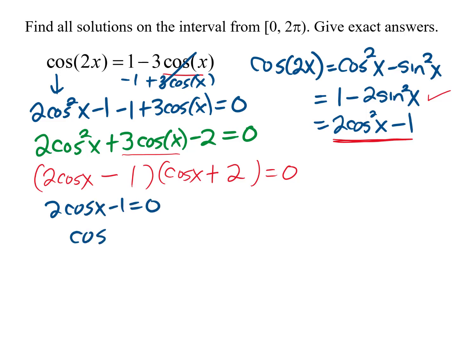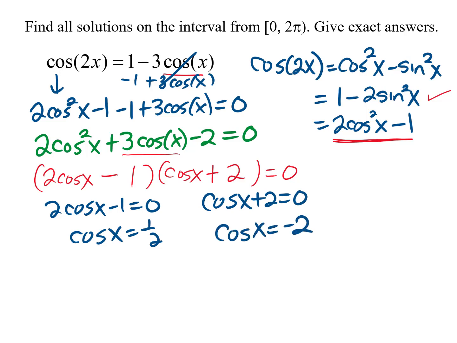Now I'm going to set the first factor equal to 0 and solve it. So that's going to be cosine x equal 1/2, adding 1 to both sides and then dividing by 2. And then I'm going to set the second factor equal to 0 and solve it. Subtracting 2 from both sides, I have cosine x equal negative 2. So looking at this first equation, where on the interval between 0 and 2 pi is the cosine 1/2?